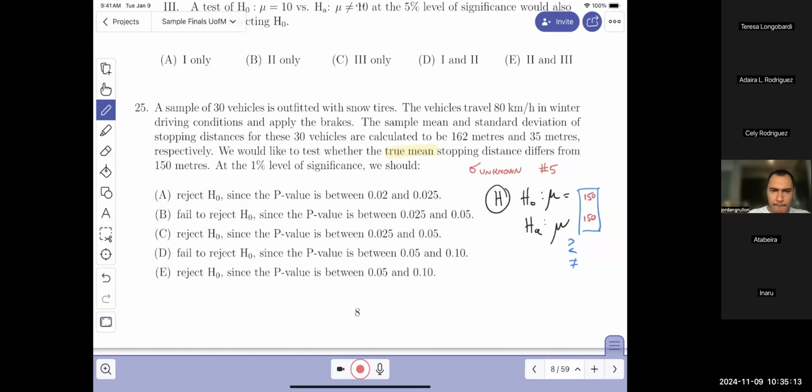And what is the sign that I put here? Greater, less, or not equals? Not equals because it says differ. It doesn't say it's bigger or smaller. It says it's different.